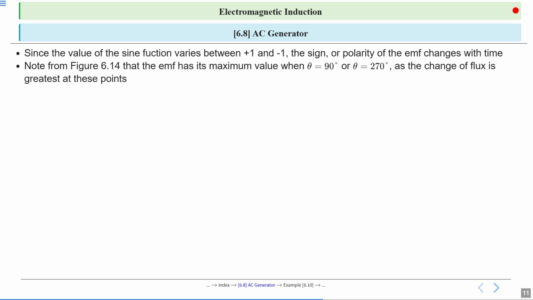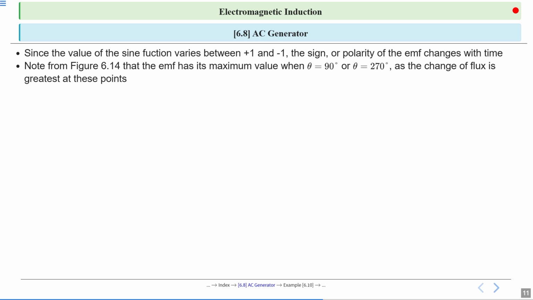At theta 90 degrees, sine theta is sine 90 degrees, which is 1. And at theta 270 degrees, sine 270 degrees is -1. So at +1 and -1, the maximum values of EMF are there, but the polarity of the two EMFs is different.